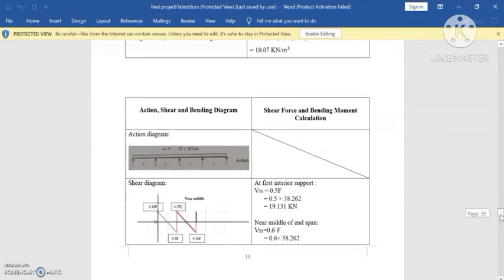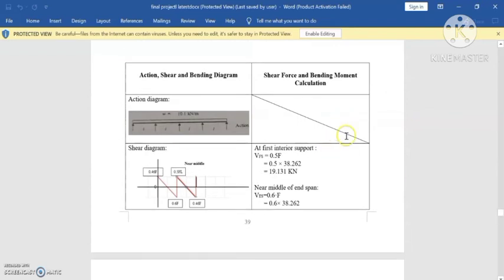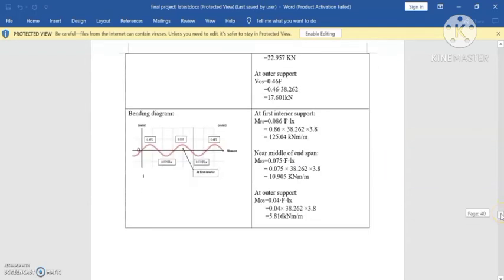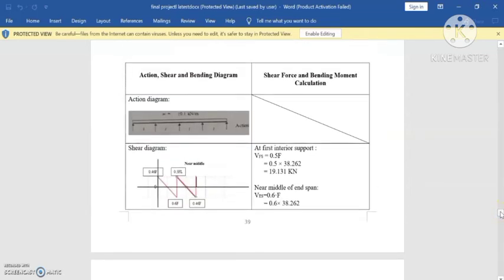Now here, the shear force and bending moment. You look at here, the shear force is at the first internal support, near the middle of the end span, and at the outer support, because I take this formula from the Reinforced Concrete Eurocode book.